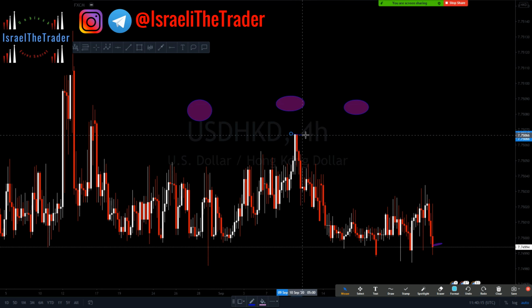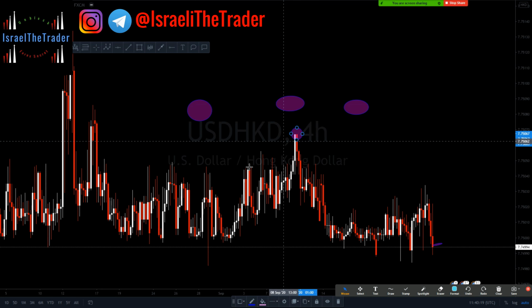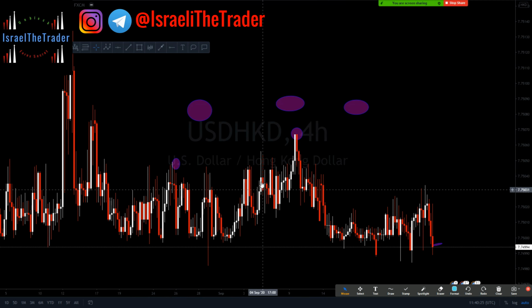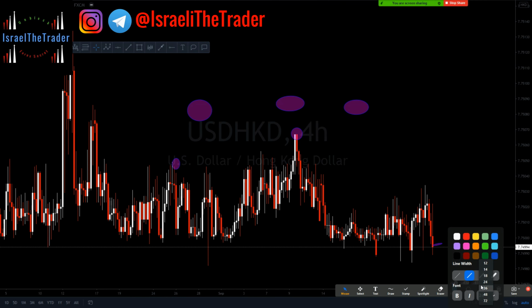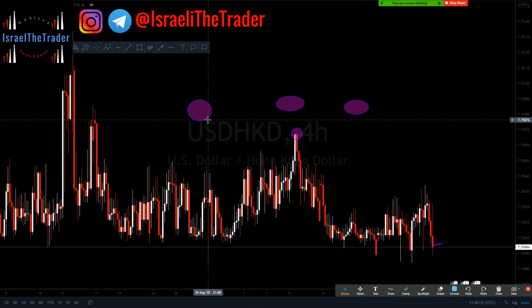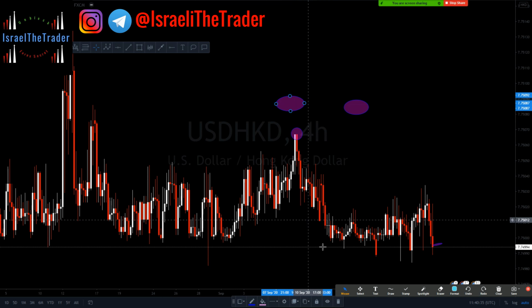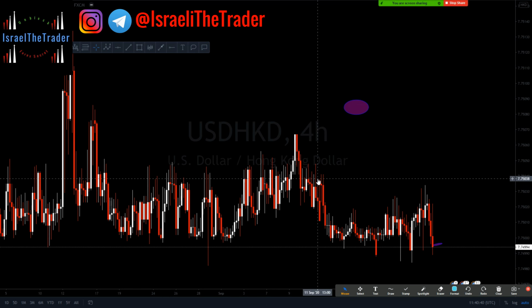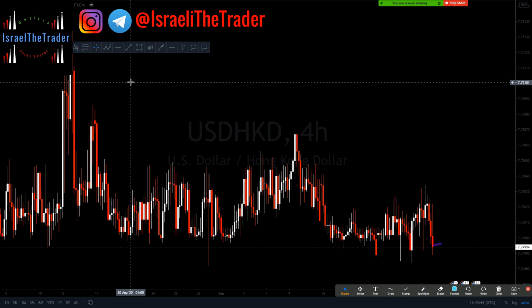If I want to identify where the market originates and I'm expecting something to happen, I identify it with my ellipse like this. It tells me these are the zones where the market might reach and will actually react to, right? So that's the ellipse right there.